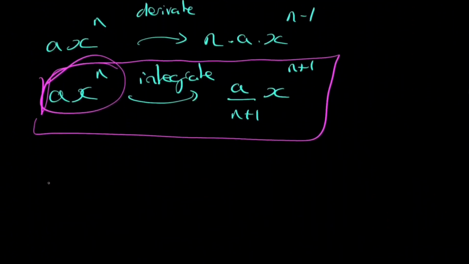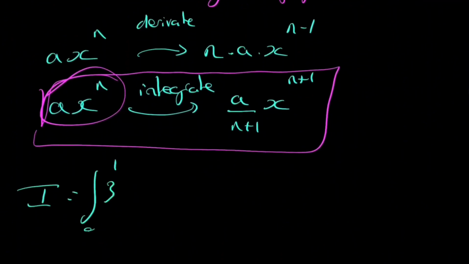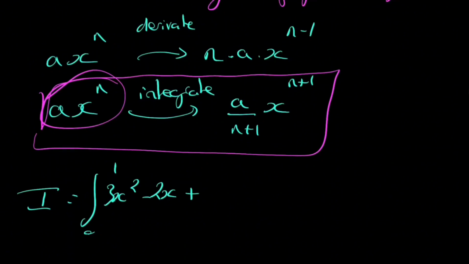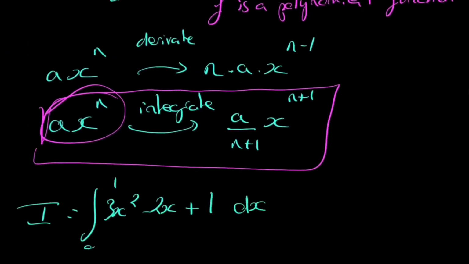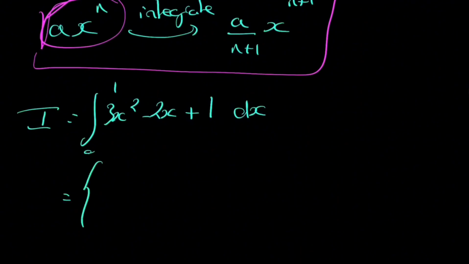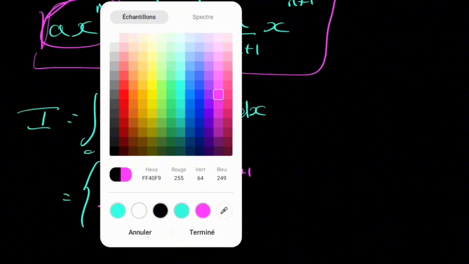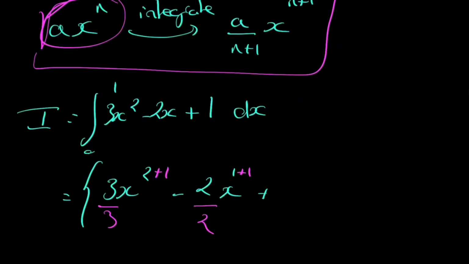So let's now integrate our function, the integral from 0 to 1 of 3x squared minus 2x plus 1 dx, which is equal to 3x to the 2 plus 1 power over 2 plus 1, minus 2x to the 1 plus 1 power over 1 plus 1, plus x to the 0 plus 1 power over 0 plus 1.